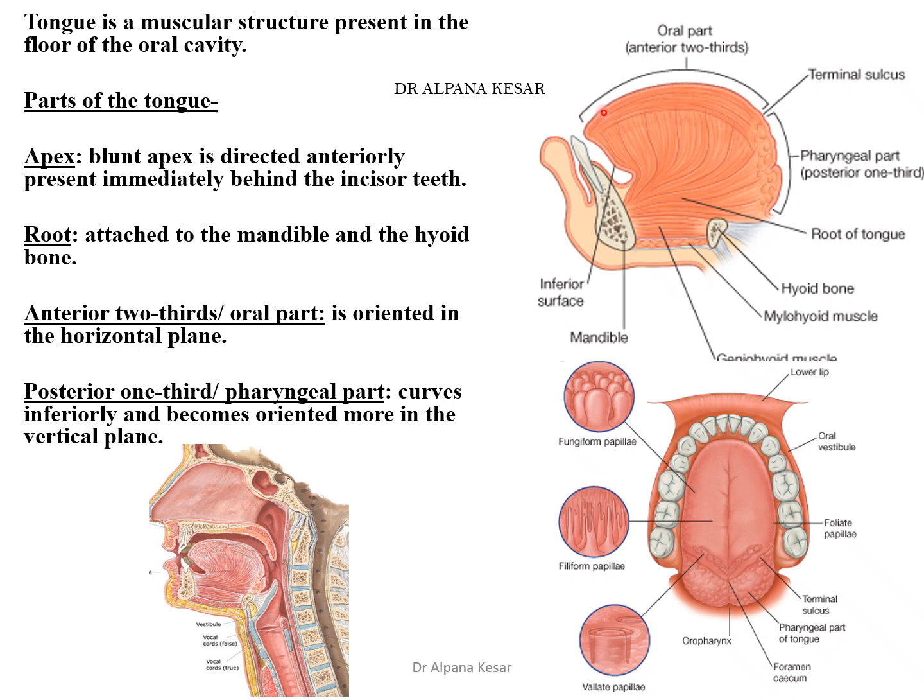Anterior 2/3 is the horizontal part and posterior 1/3 is the vertical part. The anterior 2/3 is present in the oral cavity and is also known as the oral part of the tongue, and posterior 1/3 forms the anterior wall of oropharynx and thus is also known as the pharyngeal part of the tongue.